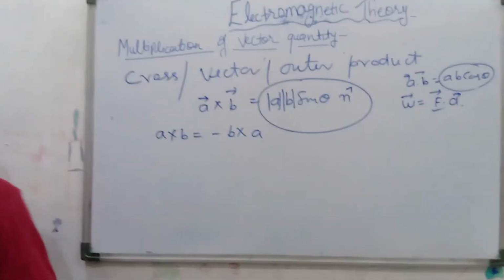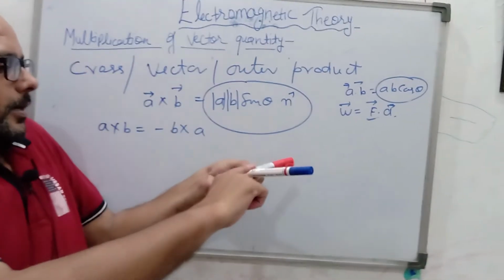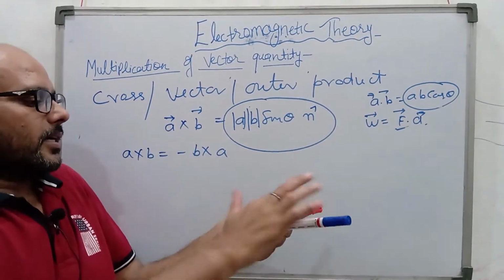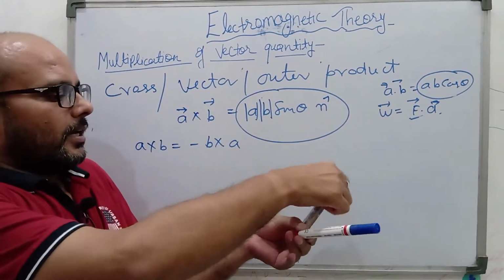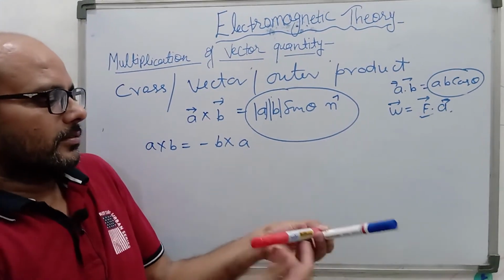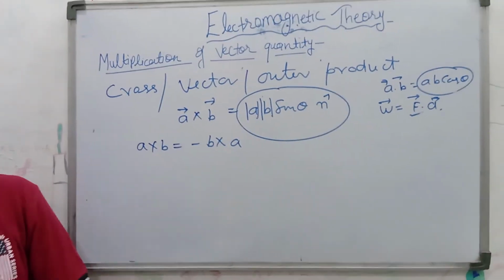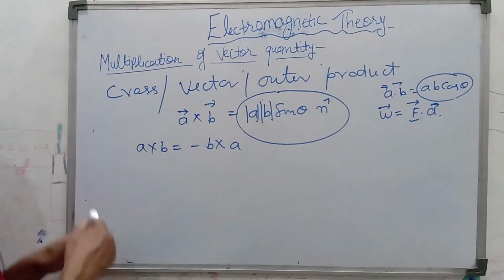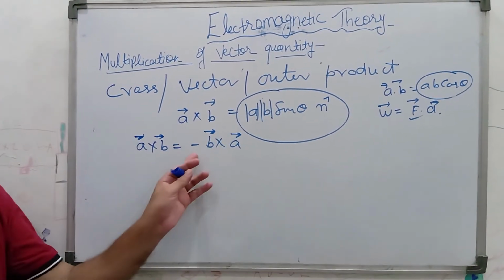Suppose here A vector and B vector, so A cross B has an upward direction, and if we change the order the direction becomes downward. So A cross B equals minus B cross A, not the same.